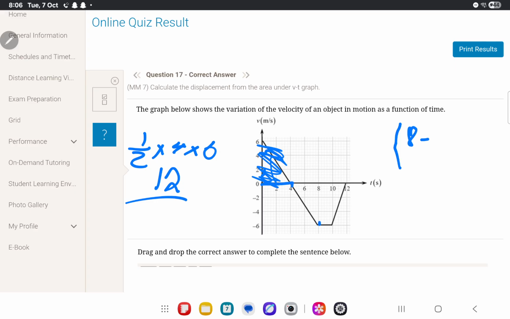Base 2 is from about 8 to 10, so 2, right? So 10 minus 8 is 2, over 2 times the height, which goes from 0 to negative 6. So our height is actually 6, but it's the displacement, so we're going to do negative 6.